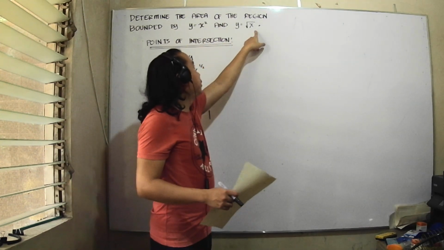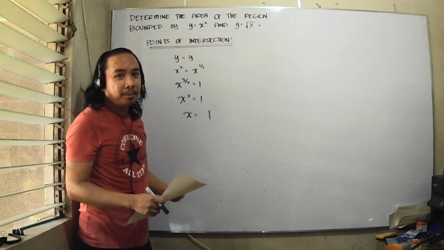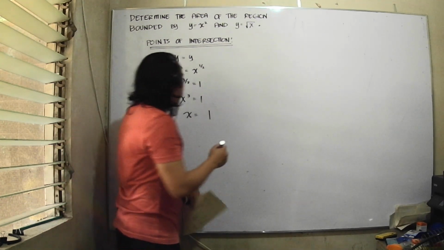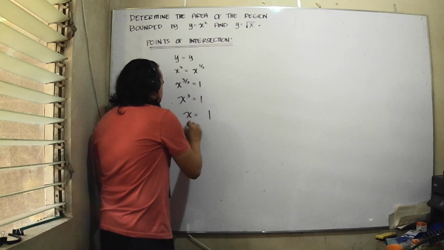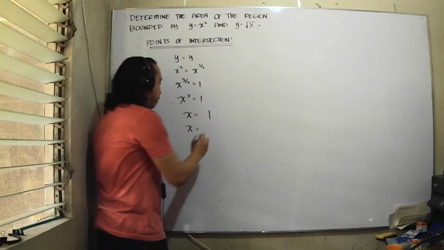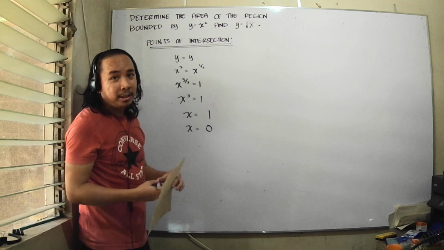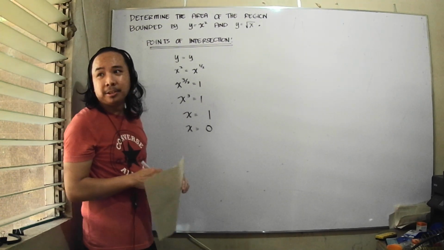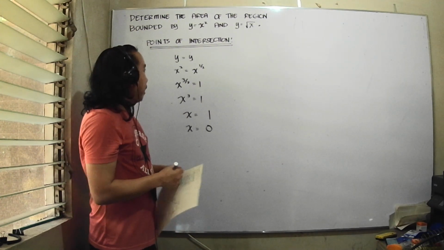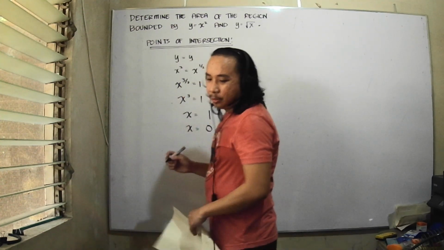Although this is not the conventional way of solving, we can conclude that x is equal to 0 is still another point of intersection. Okay? Now, we continue on.